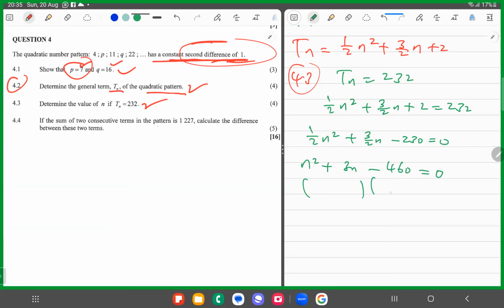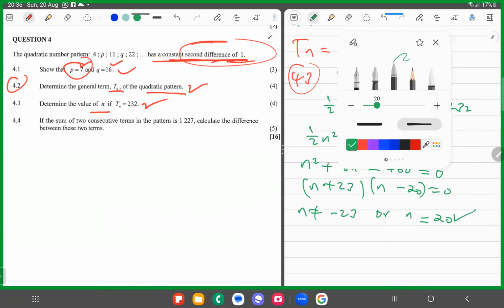You can easily get the factors of this. The factors of n squared are n and n, and the factors of minus 460 that give 3 are 23 and 20, which means n is not minus 23, but n is equal to 20. So they said determine the value of n, so the value of n is 20.